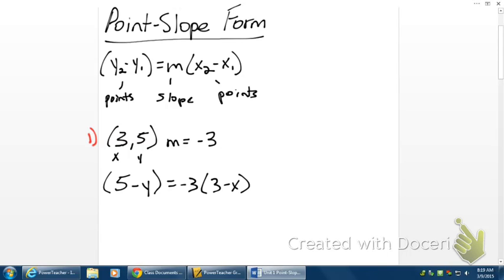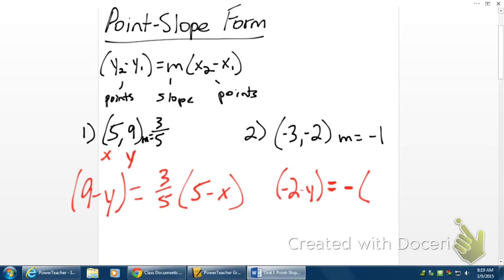So that would be considered putting it in point slope form. Okay? So all we're doing is plugging in the x and the y's, and we're plugging in the slope. Okay? So my x value is -3, and I don't know the other one.